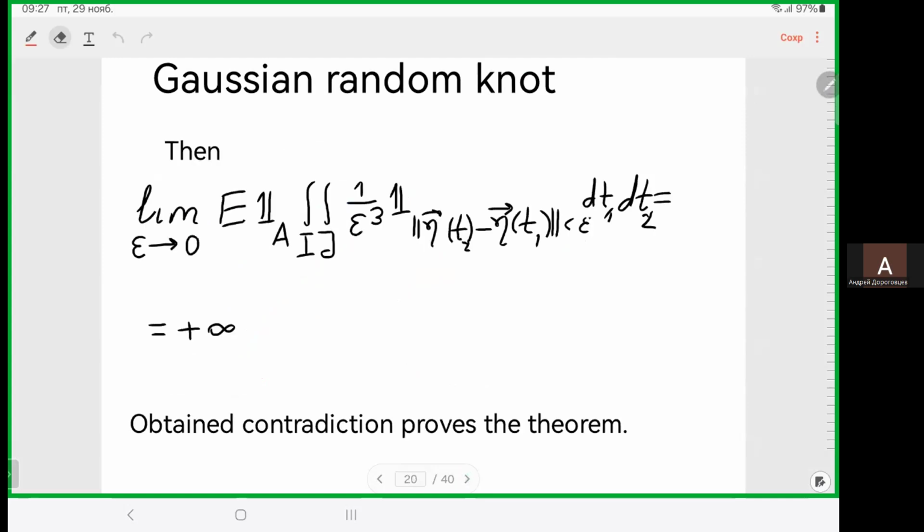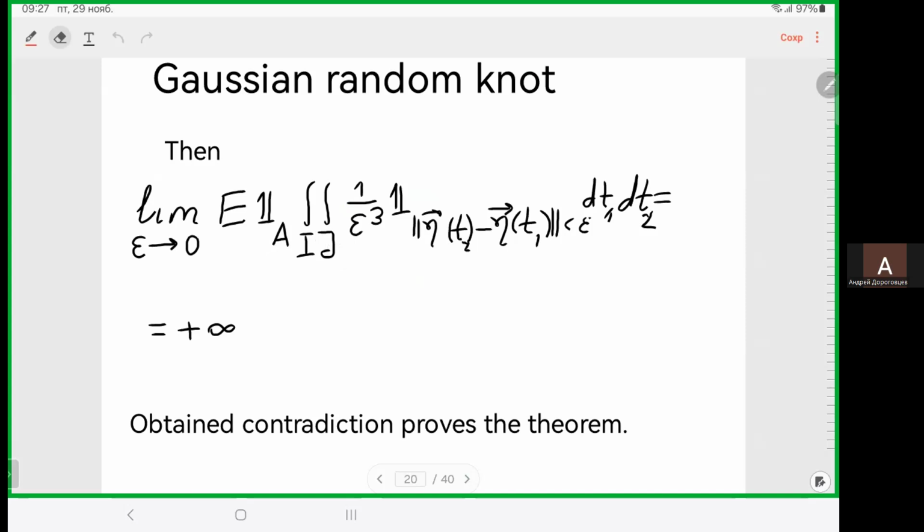Since then, this limit, here I put the indicator of the event A, is equal to plus infinity, because the integral will be greater than some random constant multiplied by 1 over epsilon.